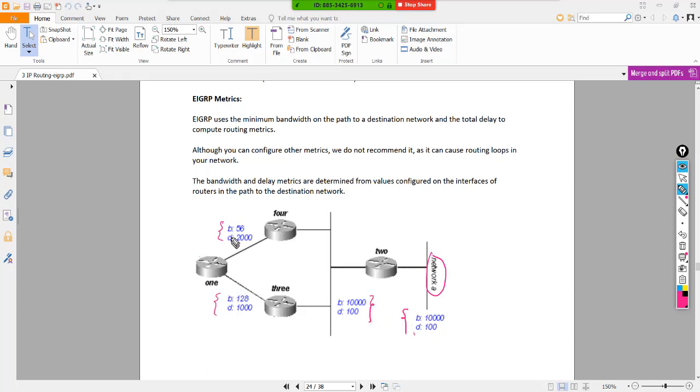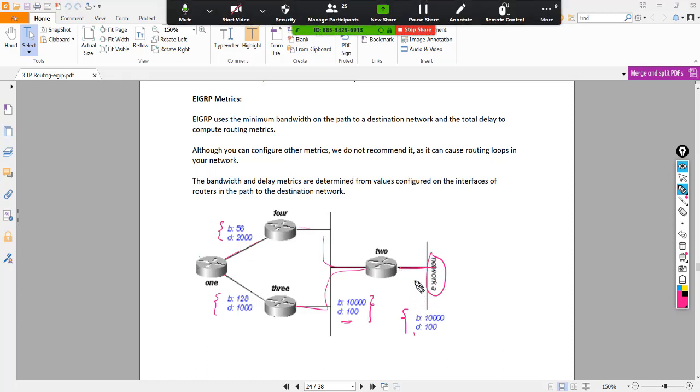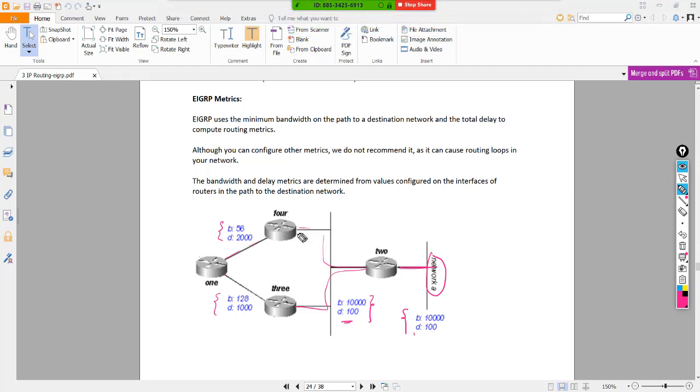It says the bandwidth of this link is 56 and the bandwidth of this is 128, and then we have the same for the other links. The bandwidth and delay are over here and over here. I'll show you how the calculation happens and which path gets elected.